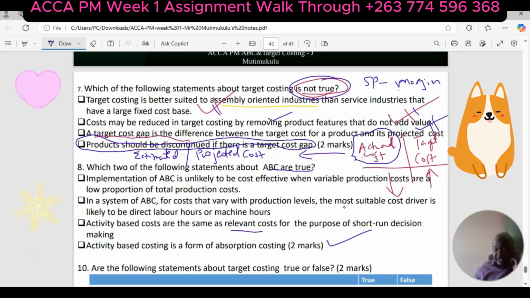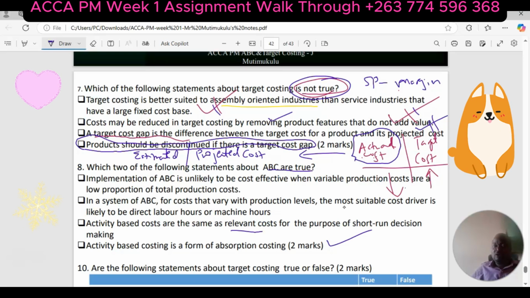So just choose from the last 3 now. Okay, why am I saying activity-based costing is a form of absorption costing? You can see that what the computations of ABC have only assisted us with is to meaningfully apportion overhead costs.